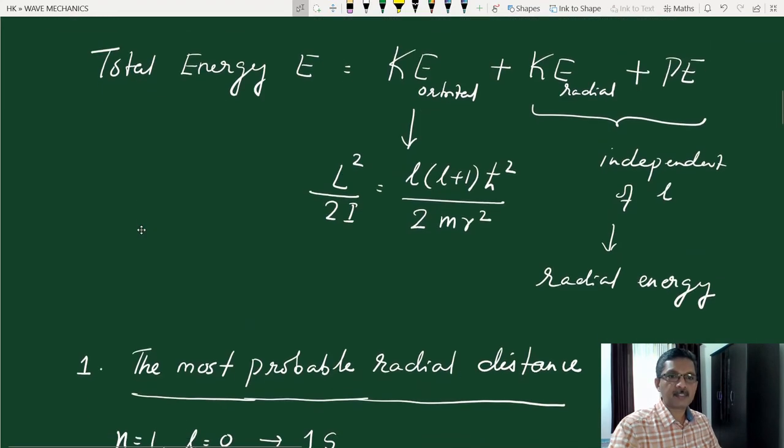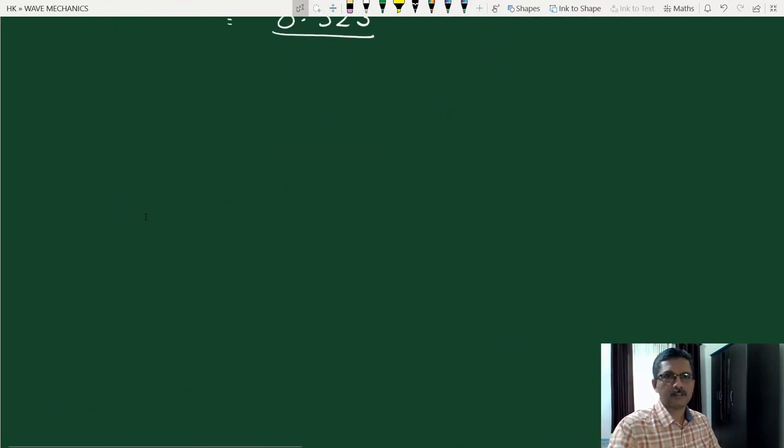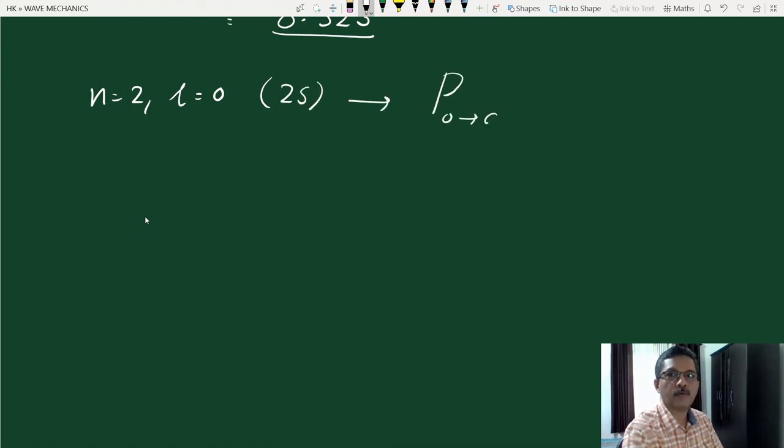We can repeat this calculation for other states. Okay, I will quote the result. So this probability in the case of 2s state, n equal to 2, L equal to 0, the probability for the electron to be found between 0 and A0, you can repeat the calculation the same way.